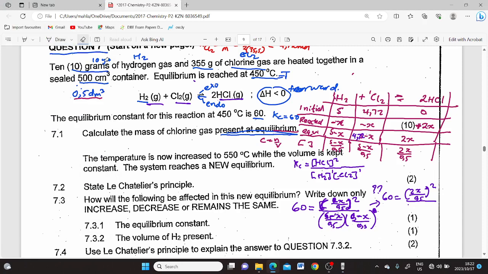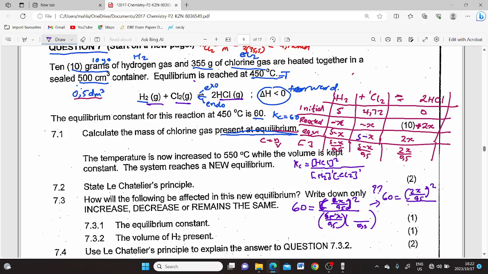So let's erase this. So it's fine here as 5. It means here it's also 5.